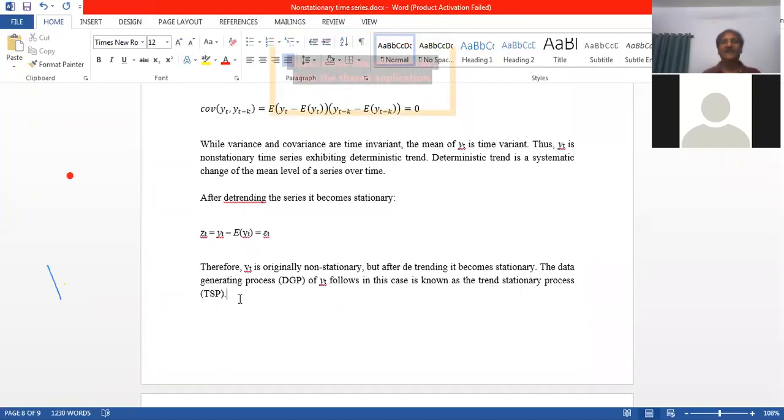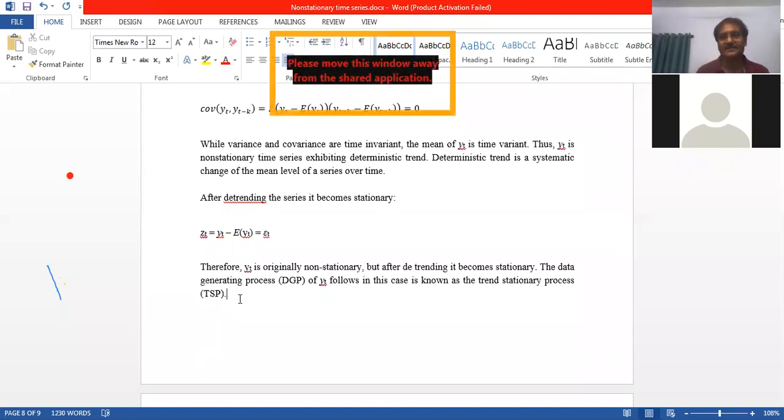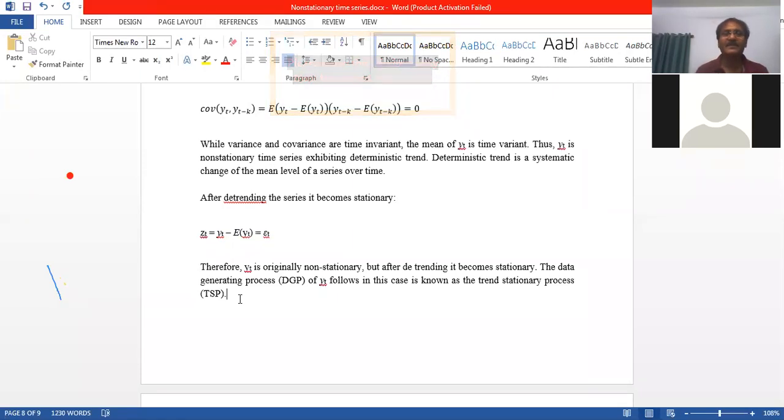So we are looking at the same thing in different ways. Same thing means the notion of non-stationarity. When we started time series analysis, we defined non-stationarity in terms of the behavior of the probability distribution. If the probability distribution is changing over time, we call it non-stationary. If the probability distribution is time independent, we call it stationary.